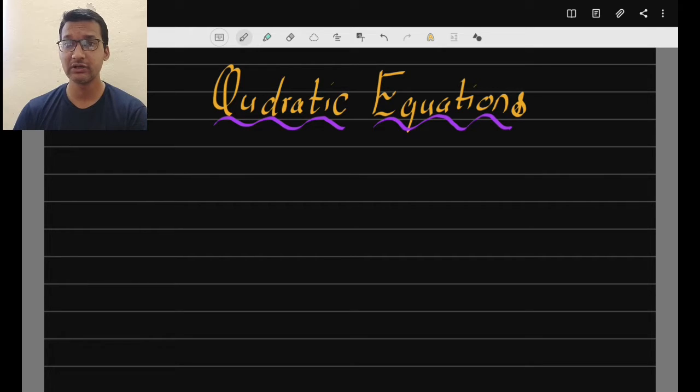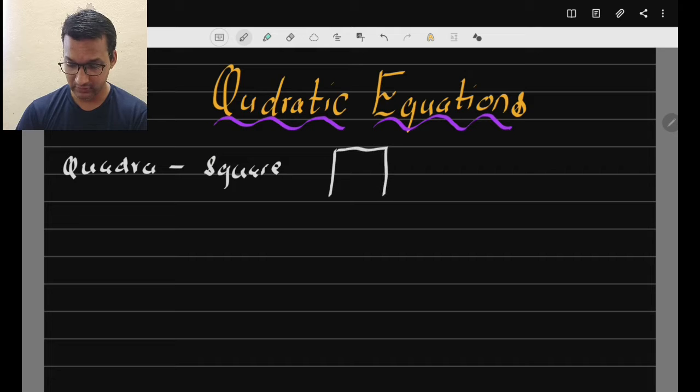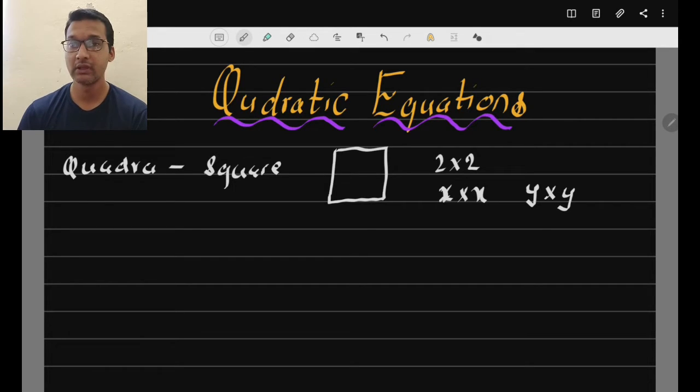The word quadra means square, as in the meaning you have seen for square, or it could mean multiplication of the same number two times, or the same variable two times, x into x or y into y. The word quad means multiplying the same thing two times.